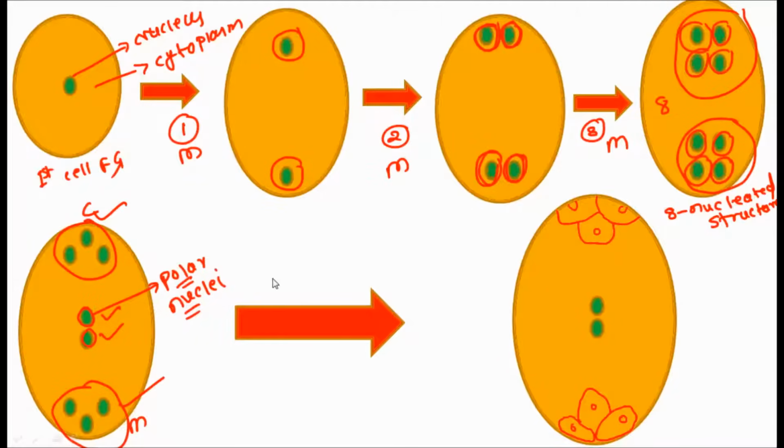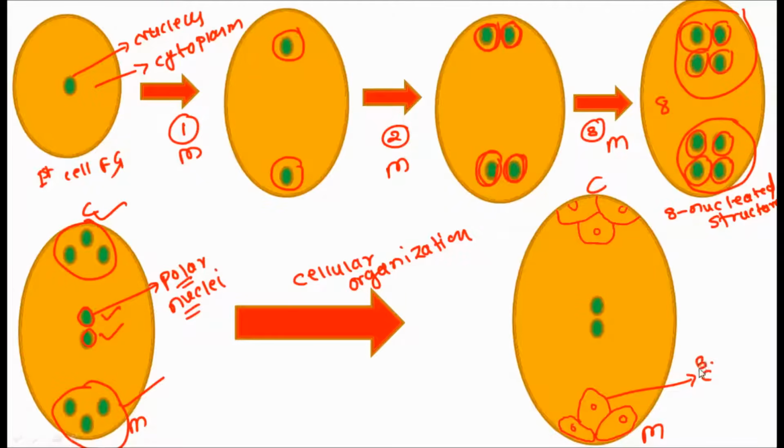Now this step is followed by the cellular organization. In this step, the three-celled egg apparatus is formed at the micropylar end. This is the micropylar end, this is the chalazal end.